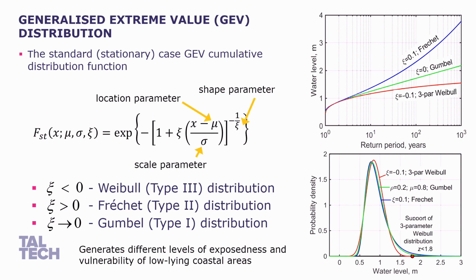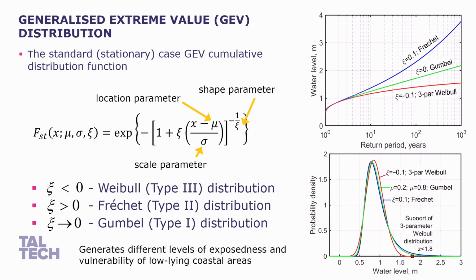Frechet distribution is showed on the figure with the blue line, and in this case the increase of extremes for the higher return period is much more rapid, and many more dangerous floodings may occur.